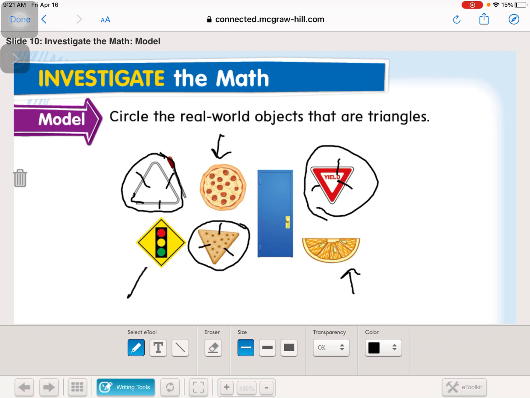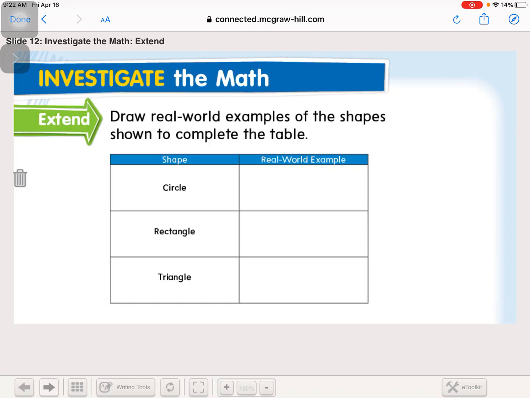And then this is a four-sided shape. The big name for those is quadrilateral. And this one has all four sides even. When it's angled this way, we usually call it a rhombus or diamond, but we also could say it's a square since all of the sides are the same.